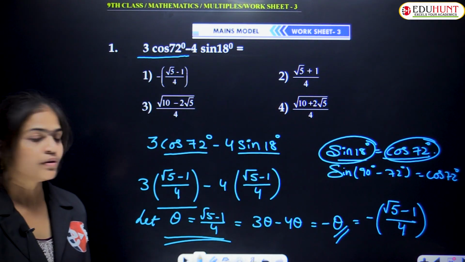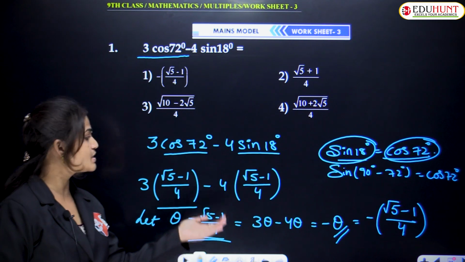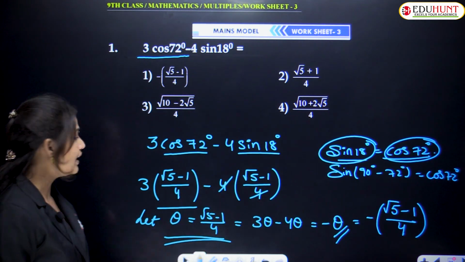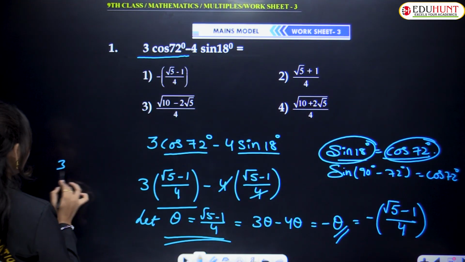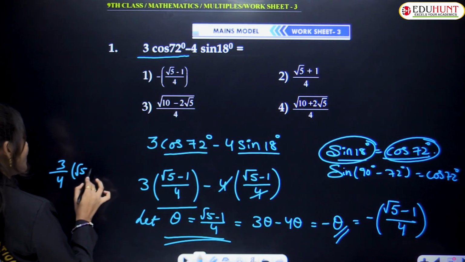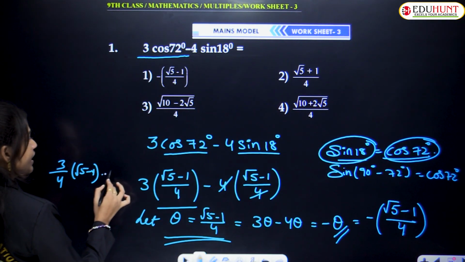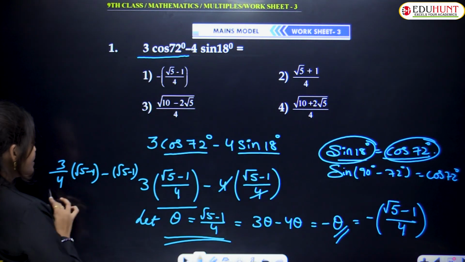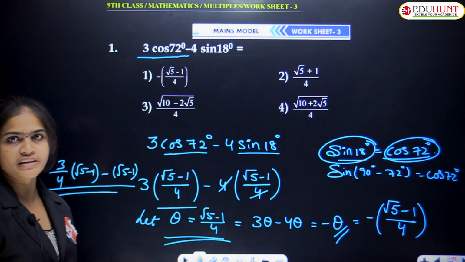Am I clear ma? Okay, or else if you want to simplify this one, then simplify it. Here 4 and 4 gets cancelled. Next, you can take that 3 by 4 as common and here root 5 minus 1, minus of root 5 minus 1. So, in this way also you can do that simplification.